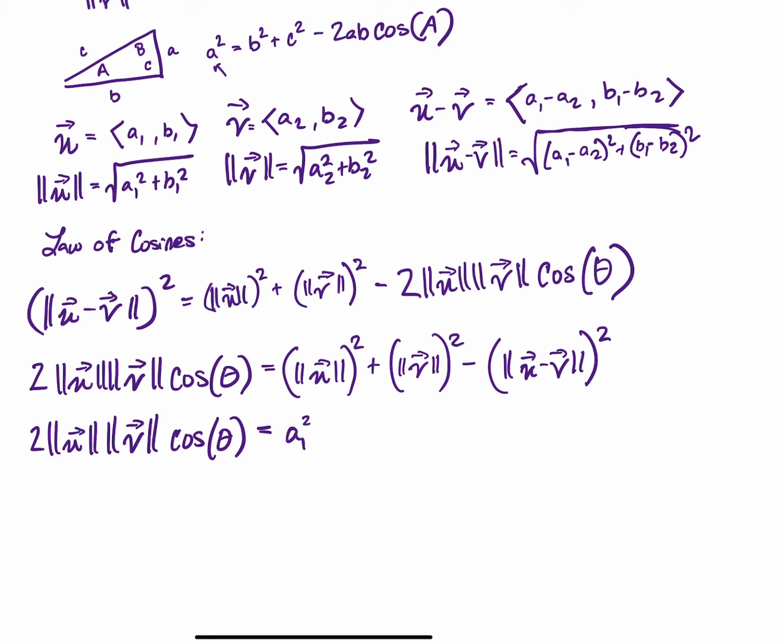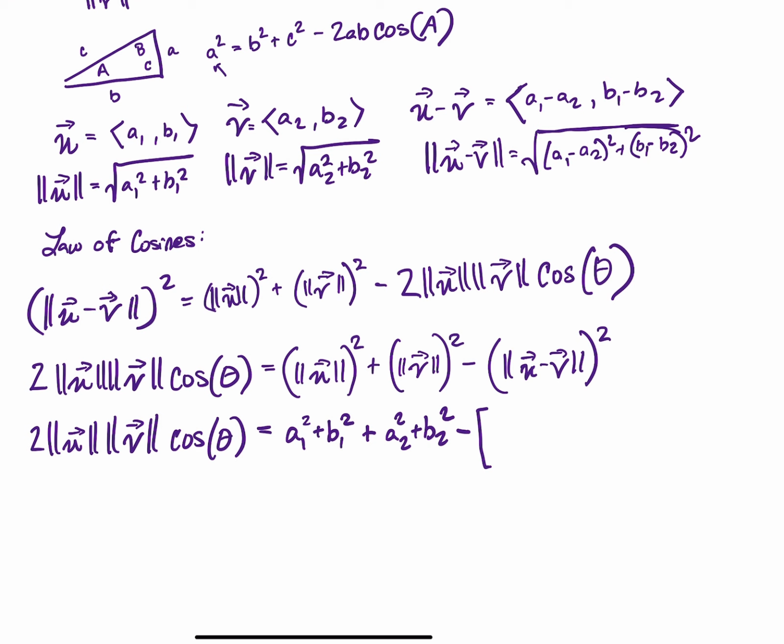We'll lose the square root. The magnitude of v squared would be a2 squared plus b2 squared, minus the magnitude of u minus v squared, so we'll lose the square root there. We'll have to subtract everything.